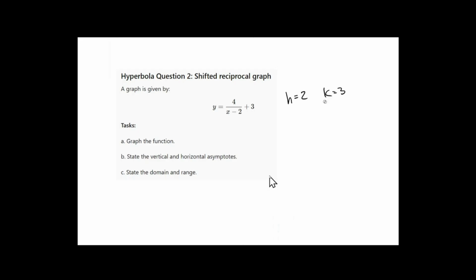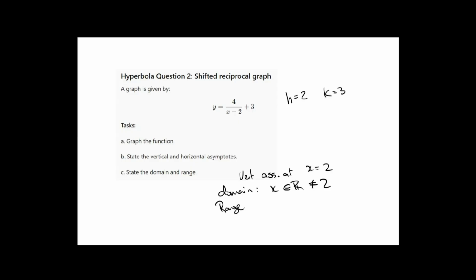All right. State the domain and the range. Well, if there's a vertical asymptote x equals 2, then the domain, as far as our definition of a domain, x is going to be all real numbers not equal to 2.